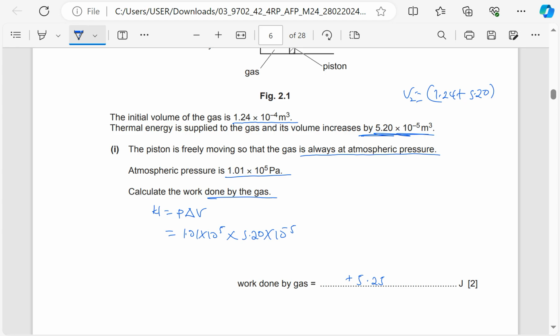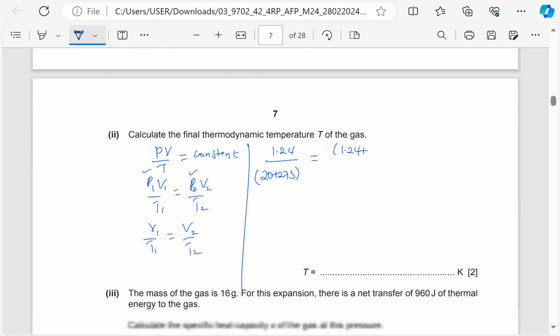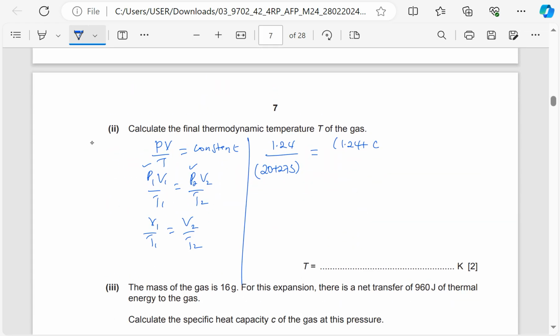The power of 10 here is minus 4, here is minus 5, so here I will add 0.520, divided by the temperature T2, which is called just T. So what is T? I'll make T the subject.